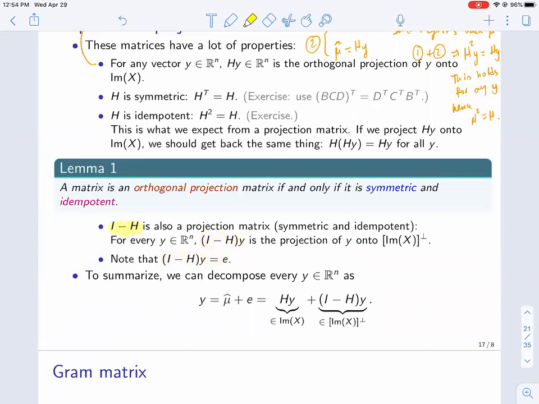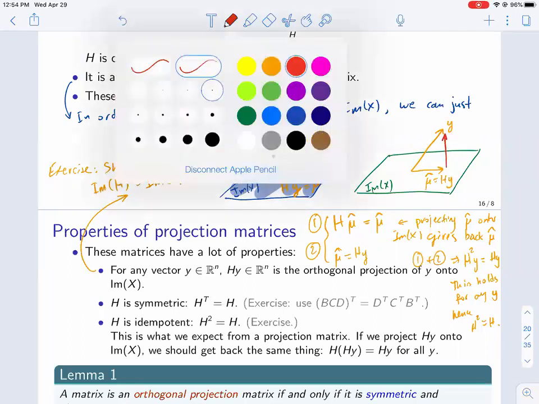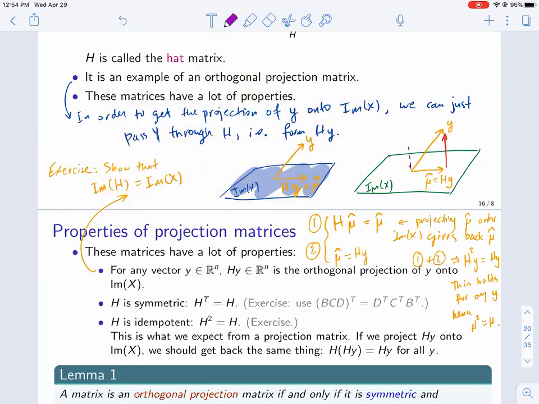So what happens is that I project onto, so this is going to be hy, and then if I project onto the orthogonal complement, in this case, the orthogonal complement would be this guy. That's the orthogonal complement of the image, if you recall.